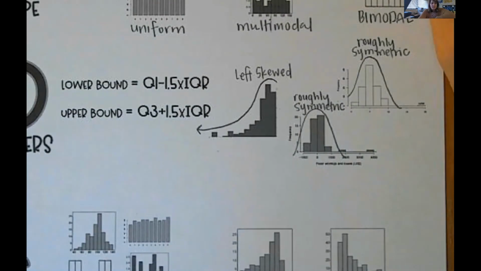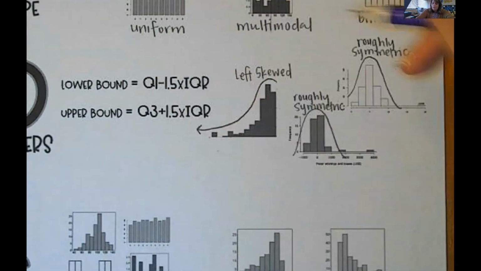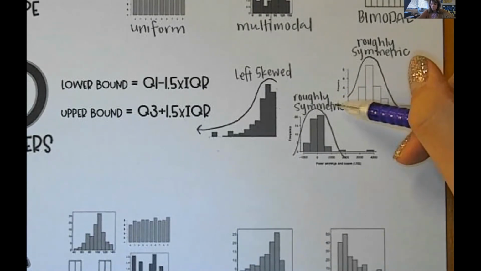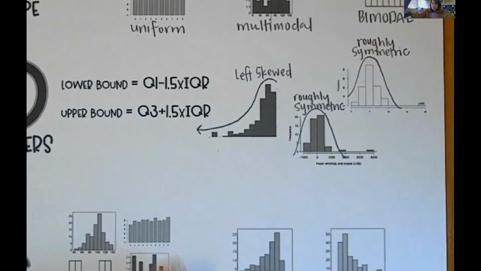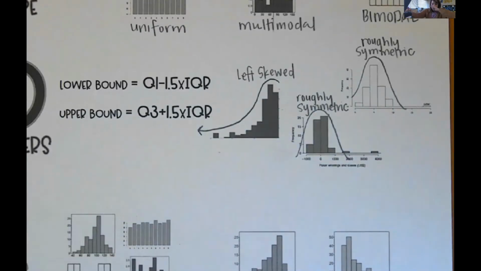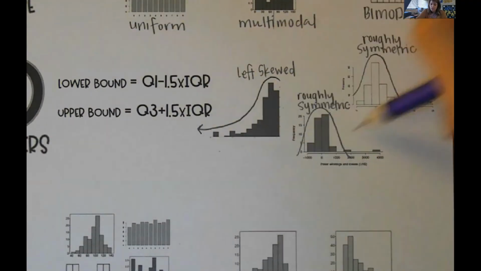I think the last thing that I was on was describing or explaining why I would describe these as roughly symmetric. So the next thing is how these are an example of these 2 bullet points right here.